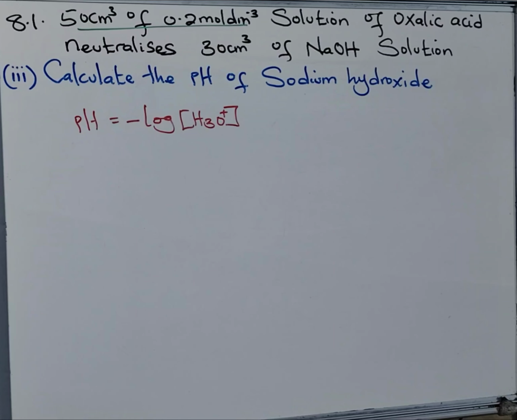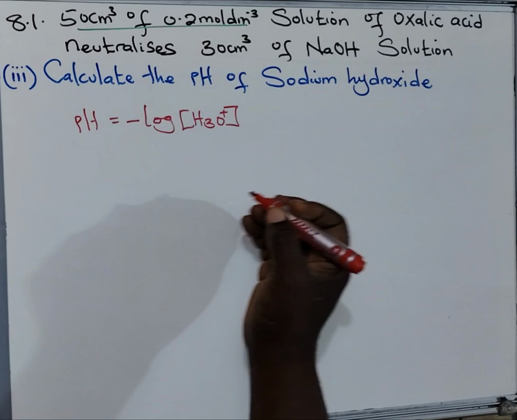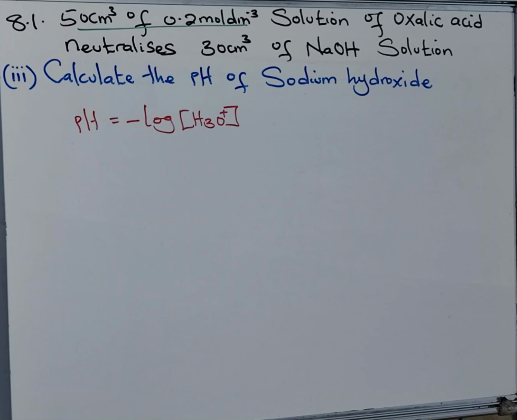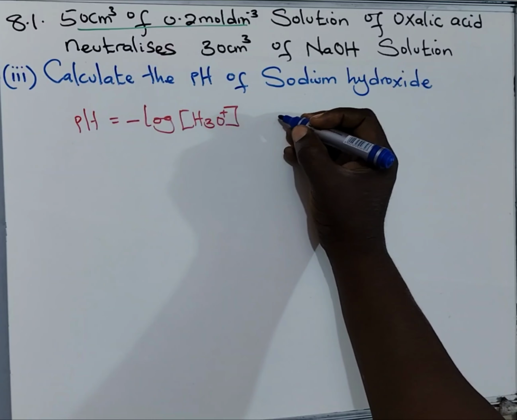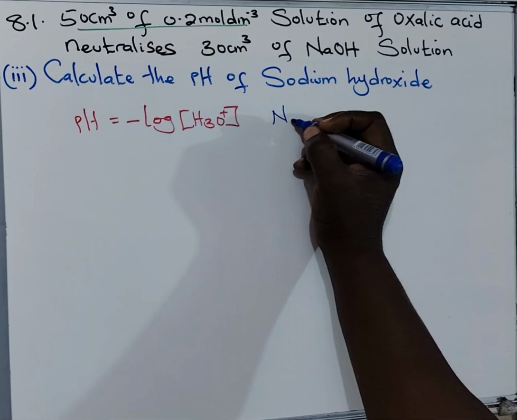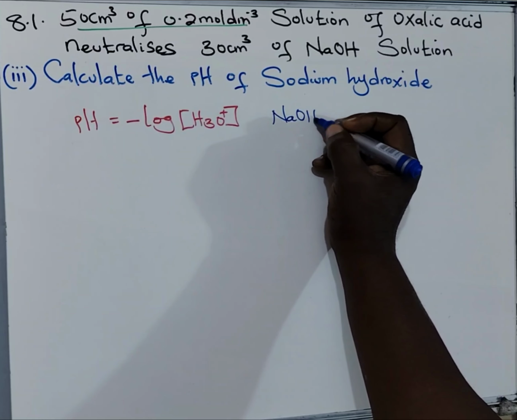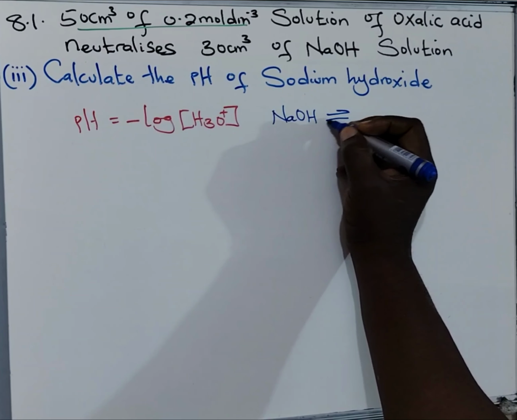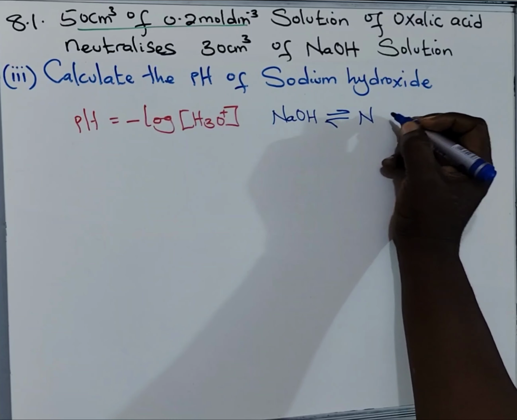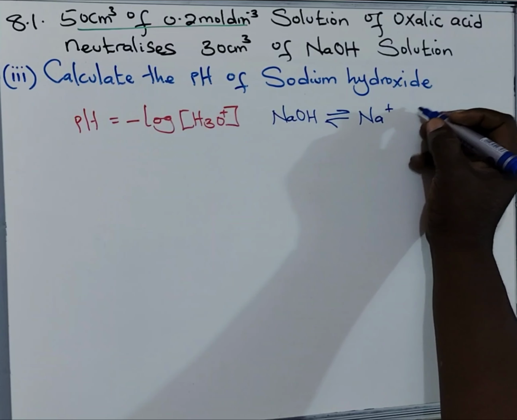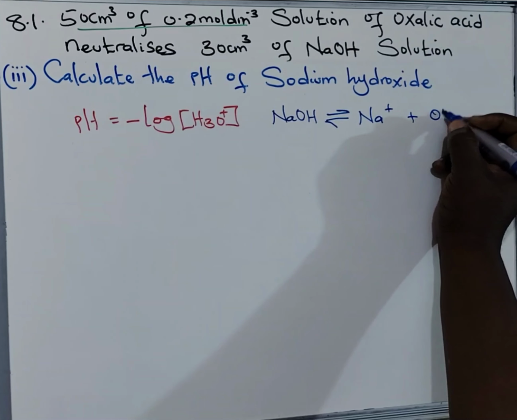So it is sodium hydroxide we are considering. This is what we know about sodium hydroxide. On dissociating, what do we get? We have sodium ions plus hydroxide ions.